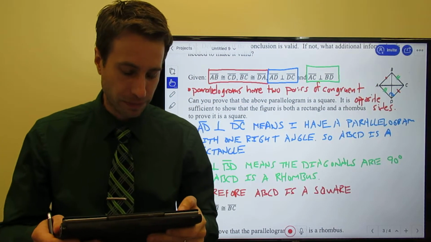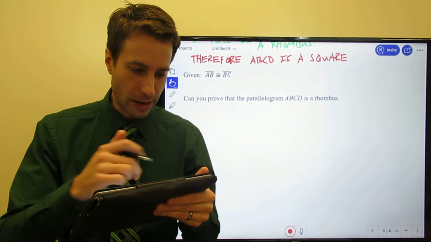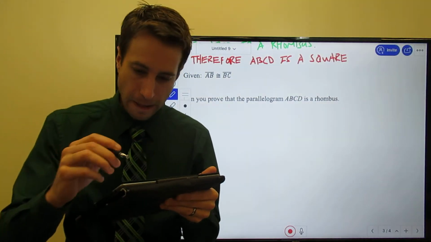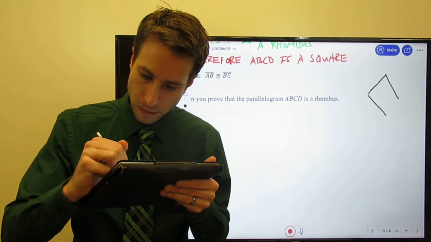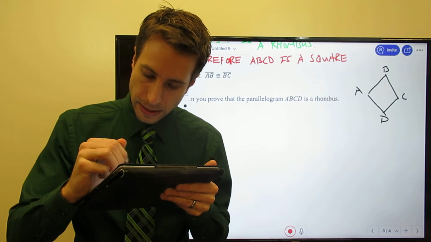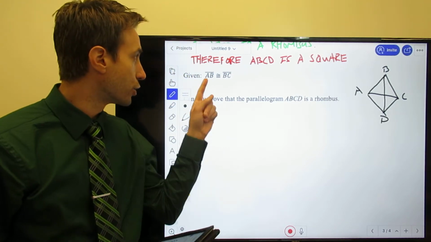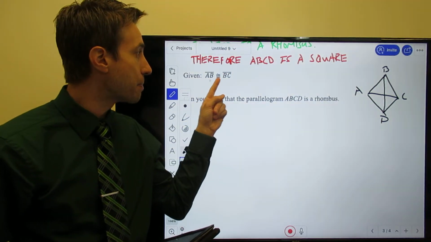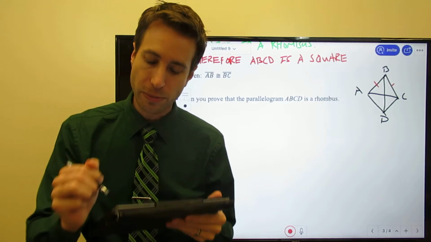In fact, I will just redraw it right down here. ABCD, I had the diagonals running through there. And this is simply telling you that AB is congruent to BC.